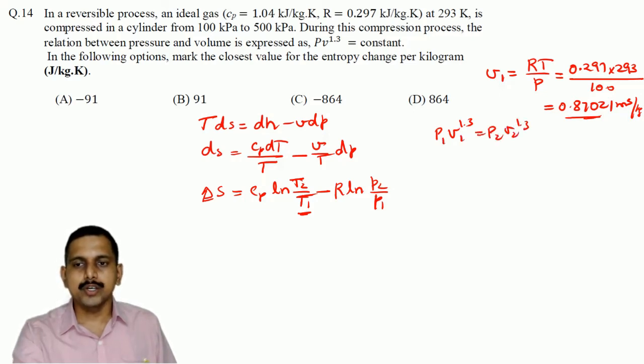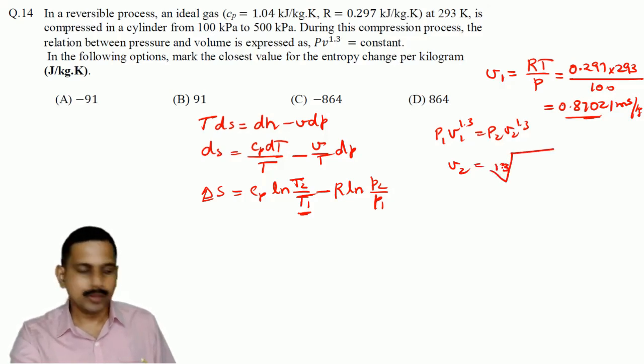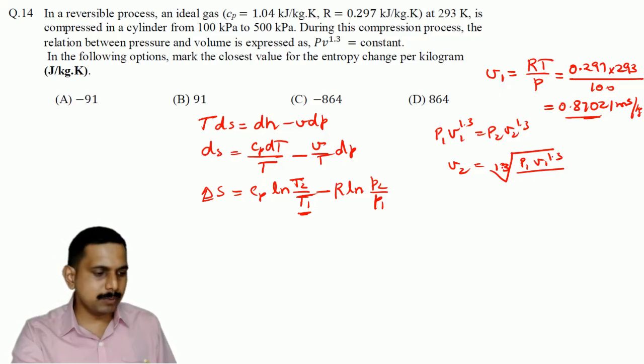So V2 is equal to the 1.3th root of P1 V1 raised to 1.3 divided by P2.